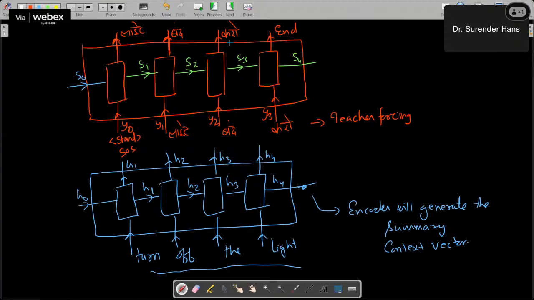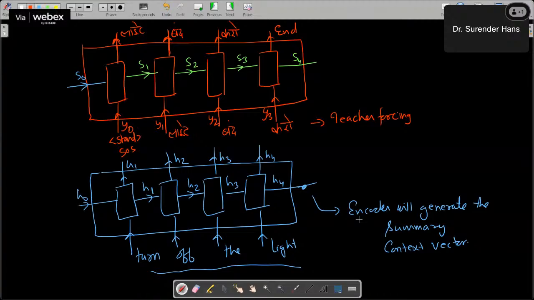So as I said, the problem is just this input sequence that we are feeding to the encoder. The problem is, as soon as you start giving a little bigger sentence, or a big sentence, or a paragraph, then this context vector will get overloaded.